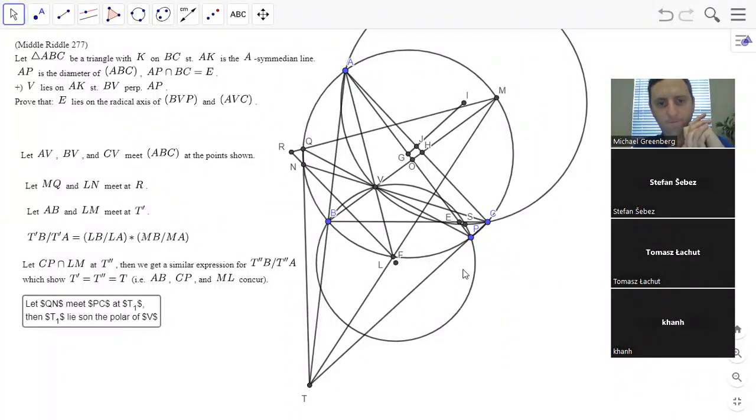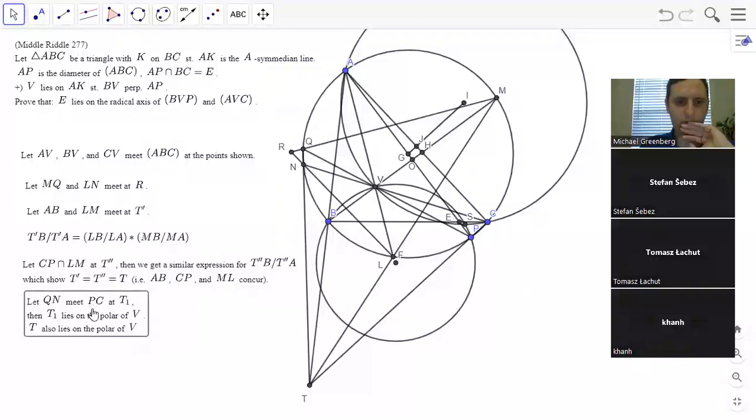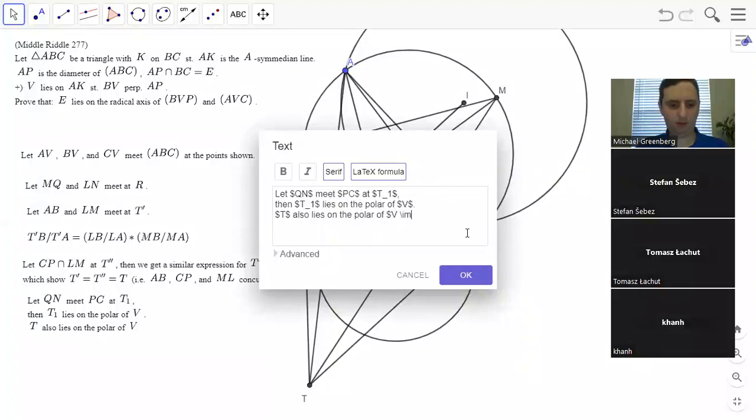Yeah, T1 lies on the polar of V, but we know that T also lies on the polar of V because AB and ML meet at T, and the polar of V. And T and T1 both lie on PC, which implies T equals T1, since they both lie on PC.